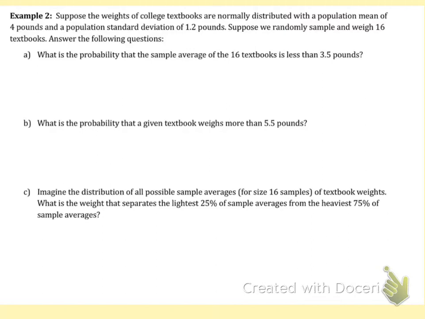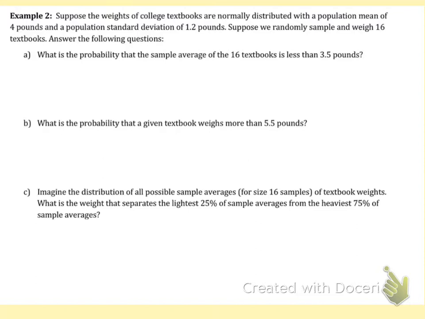Answer the following questions. So for part A, it says, what is the probability that the sample average of the 16 textbooks is less than 3.5 pounds? Before I go into this question, I want to look at the distribution for the population and for the sample.